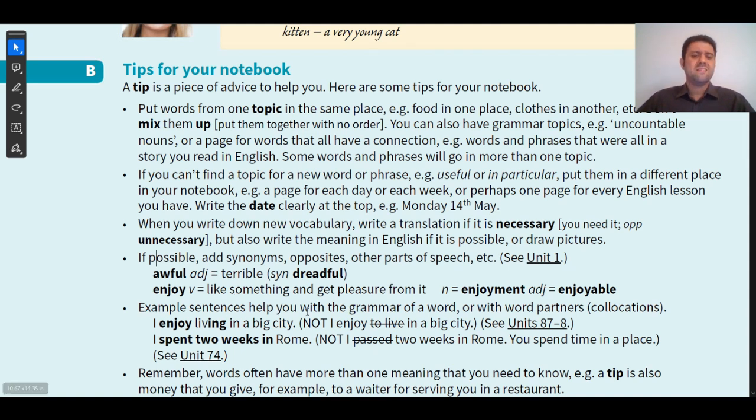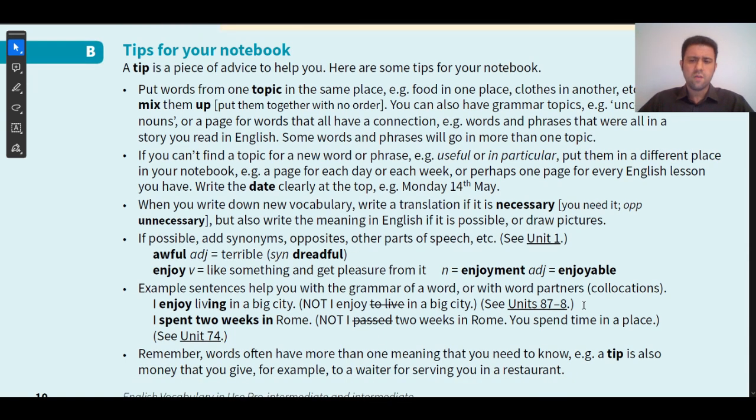Example sentences help you with the grammar of a word or with the word partners or collocations. As an example, make a note of is a kind of collocation. I enjoy living in a big city. So keep in mind that a verb after enjoy must be with ing.